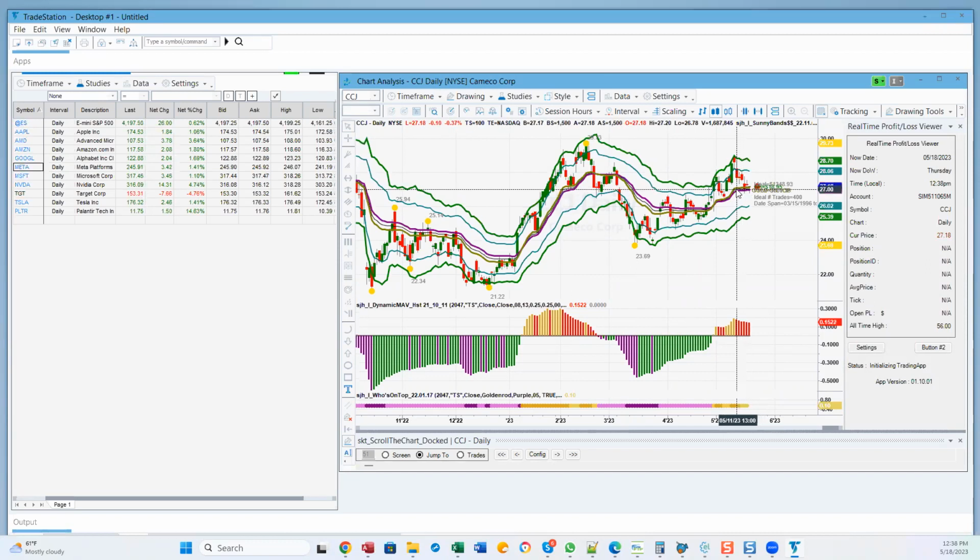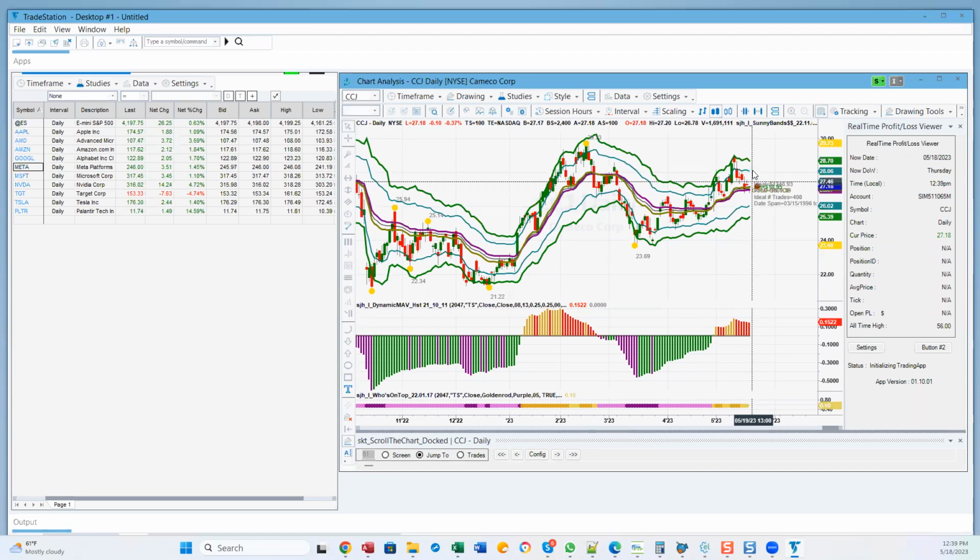So we're right here at a flat DMA. That price is more than likely going to bounce off and come back at least to the upper interband at 28.13. So yes, it's showing red right now, but I think because I know this is a flat DMA, I think it will bounce and go back up to this level. So LAC is a lithium stock, thank you.